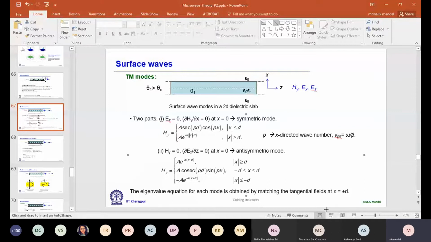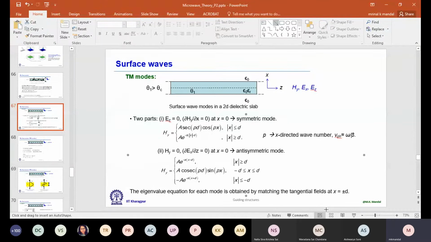Anyway, so we are considering the dielectric slab, and we were discussing the hybrid modes. Now, in this case, if we look into the field components, we can make one approximation. We see that Hy, Ex, and Ez components are dominant compared to the other three field components.